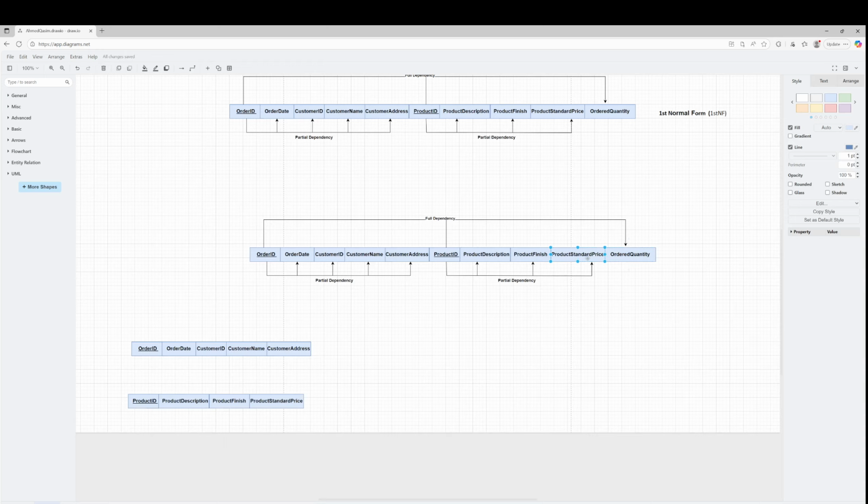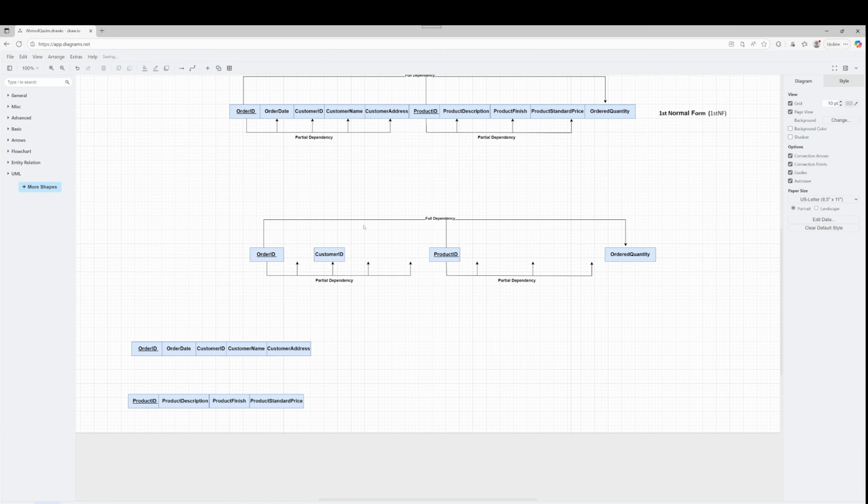And then if I remove all this, the order quantity will remain with the primary keys. So I will keep the product ID and the order ID. So this one will be removed now. So this one also is going to be removed.